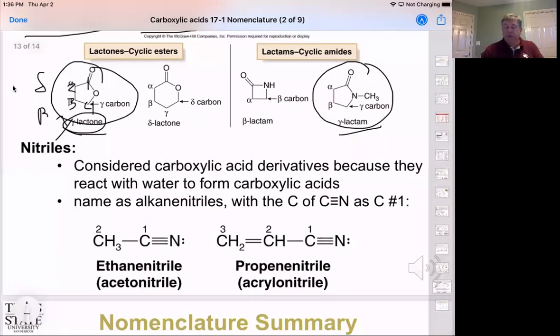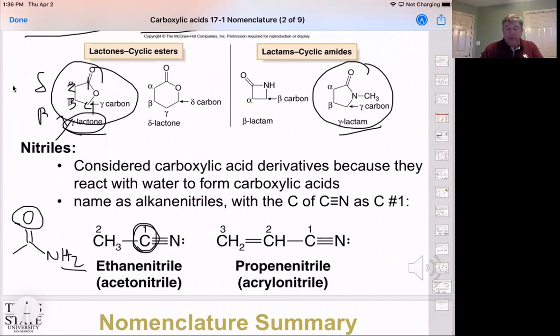Nitriles are kind of special because if you think about it, this is just an amide that has had water removed from it. And because of that, the carbon that had the carbonyl on it is still part of the name. So imagine we had this amide here, and we took away these 2 hydrogens and this oxygen.